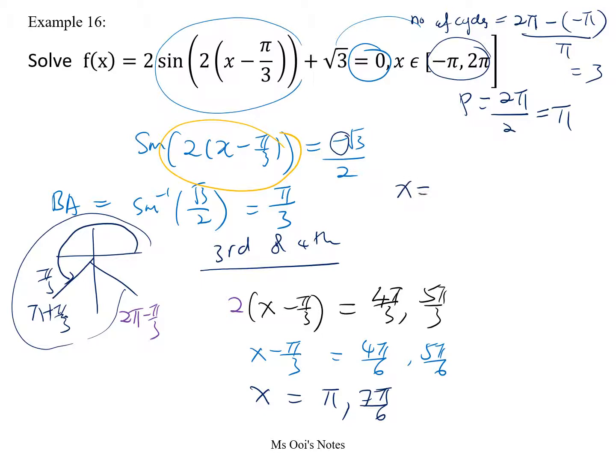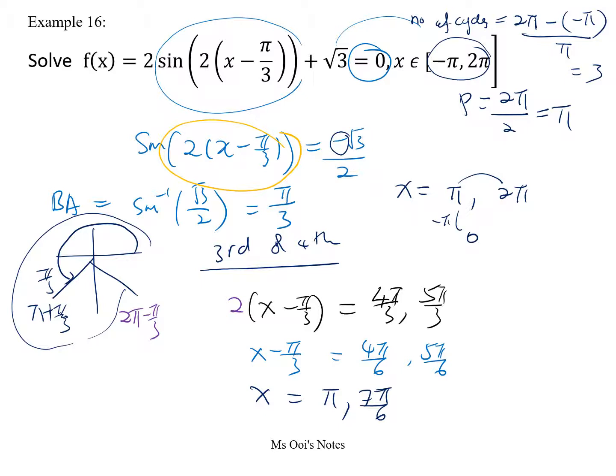So therefore, all the solutions: one is pi. If I add pi to that answer, that will give me 2 pi. Check whether it's inside the domain. Yes, it's inside. If I add further, that will be outside the domain. But now I'm going to take away pi, which gives me 0.